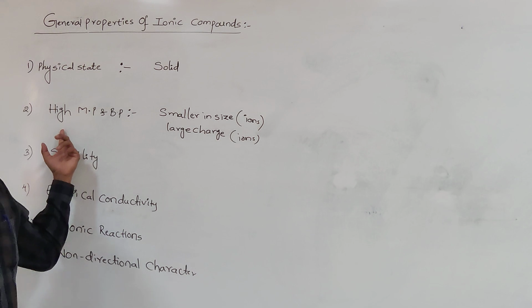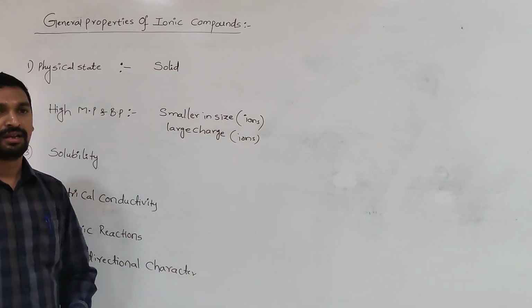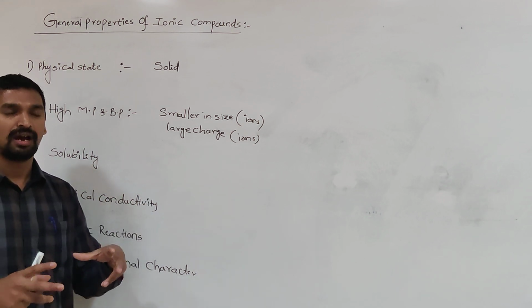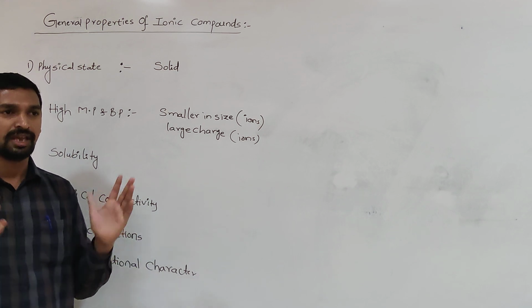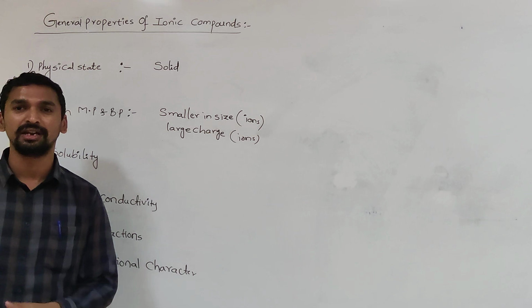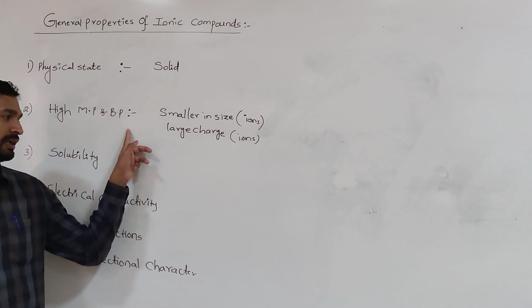That's why they possess a high melting point and boiling point. Not only that, the magnitude of the charge present, either on the positive ion or cation or the anion, should be large. Then the electrostatic force of attraction is also very strong. There also we require more energy to break the bond between the two oppositely charged ions. That's why they possess high melting and boiling points.